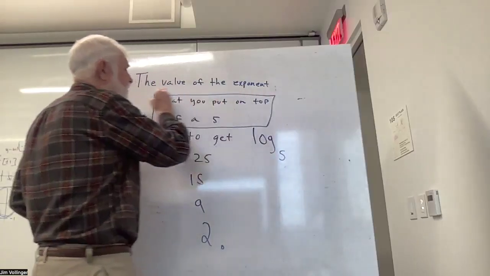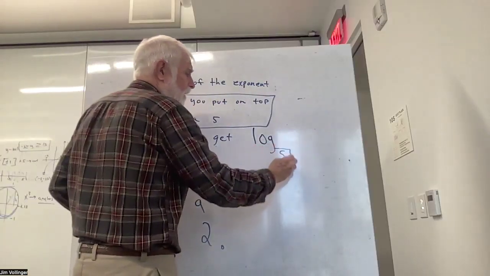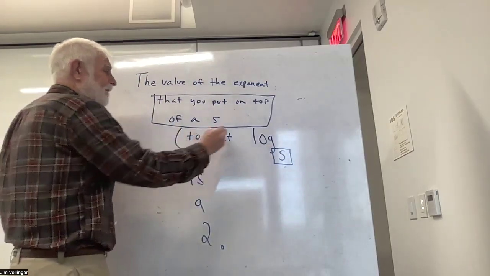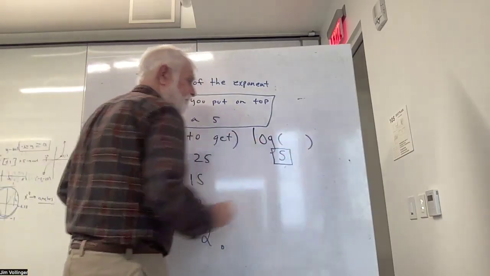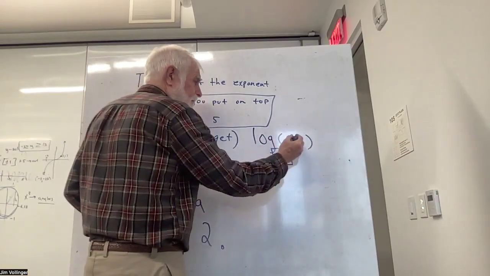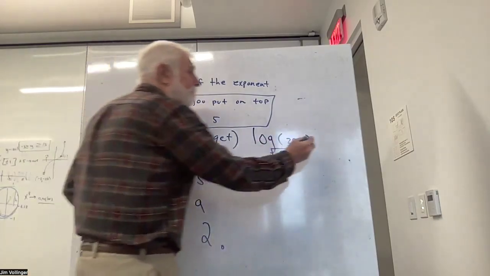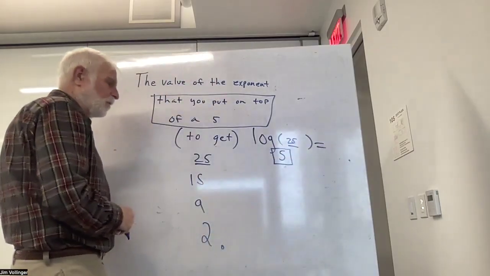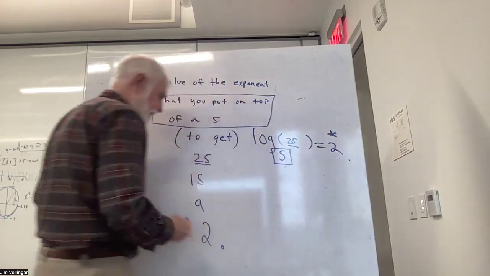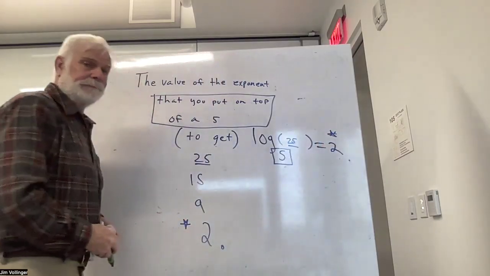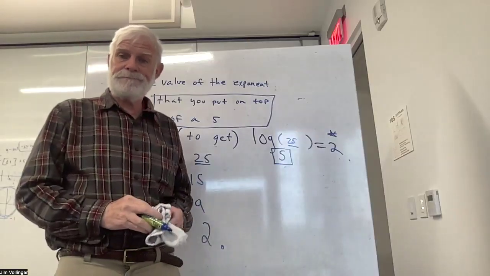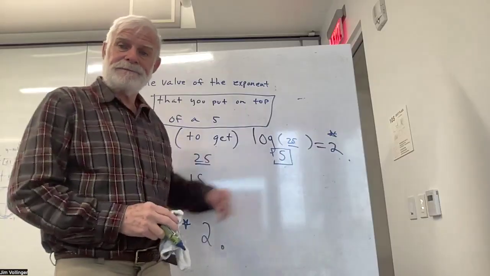That you put on top of a 5, right there, to get 25, which may be written as log base 5 of 25 equals 2. So when you see a logarithm, you're looking for the value of an exponent on top of a base.